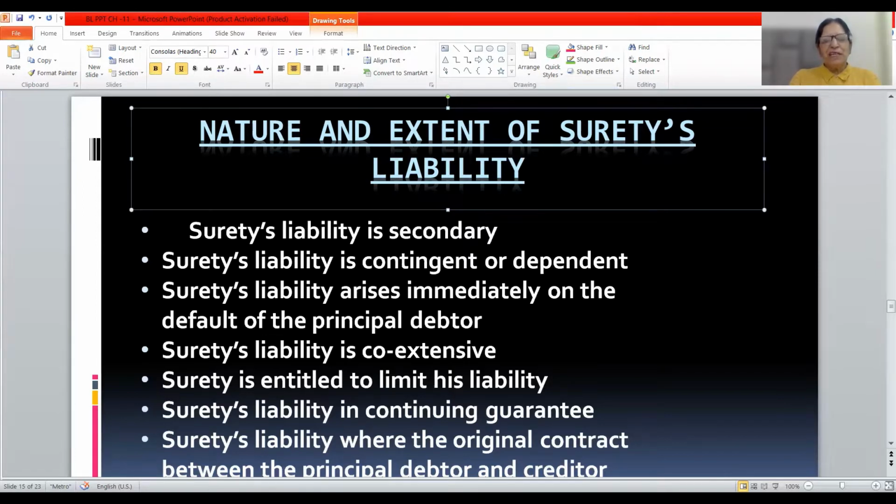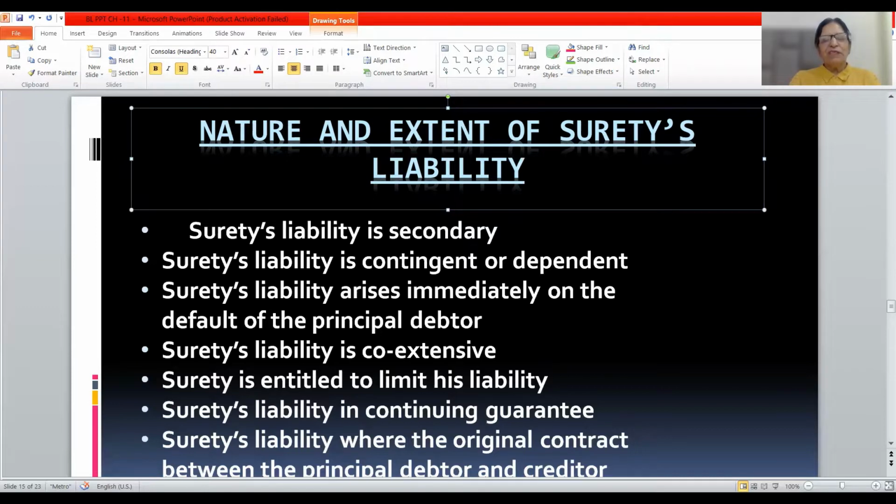Now, the last point, friends, is surety's liability where the original contract between the principal debtor and the creditor becomes void or voided. Sometimes the contract between the debtor and the creditor is void. Like say, the debtor is a minor. If the minor makes a payment on the due date, then the liability of the surety will be nil.